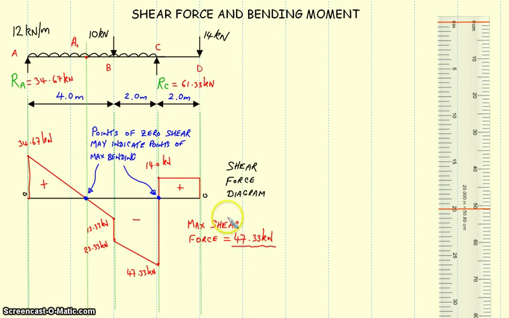And once you have that done, then return and watch video 3 and take a chance at calculating your bending moments and finally drawing your bending moment diagram, and hopefully see if there are any points of contraflexure on the beam.